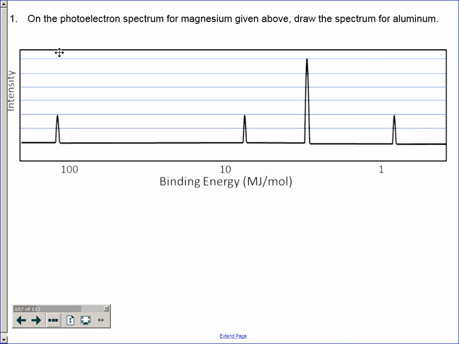So just draw yourselves 2 small peaks, one that's triple the height, and then another small peak for magnesium, and then overlay aluminum on top. Give me a thumbs up when you're done with that.